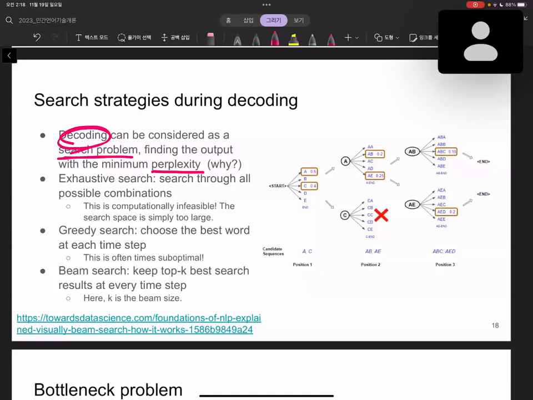Given the information, the decoder has to find the most appropriate result among all possible outputs, and that is actually the search process.